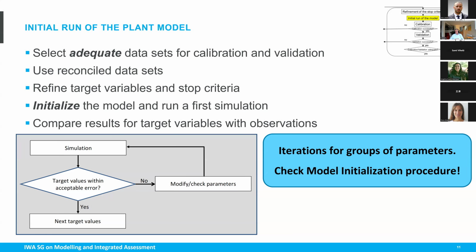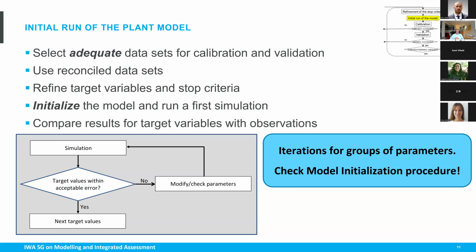So let's say you properly initialize the model, maybe with steady state and some dynamic simulations, and then you start your first simulation. That is actually the first time you really look into the results and compare your simulation results with your measured target variables.